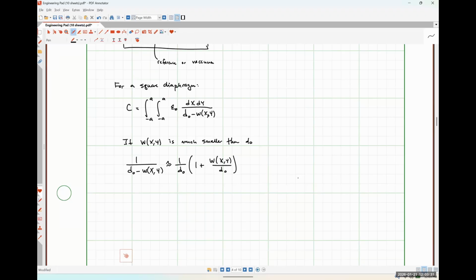If we substitute this expression into our capacitance equation, our capacitance will be approximately equal to the double integral of epsilon naught over d naught times 1 plus w over d naught, dx dy, integrating from negative a to a in the x direction and from negative a to a in the y direction.